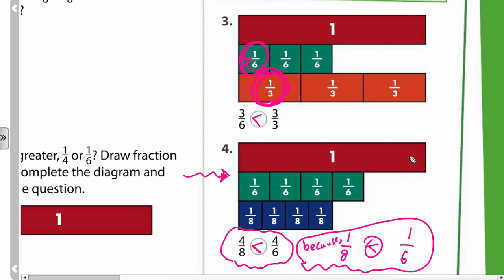This is the reason, because each unit fraction of 1/8 is less than each unit fraction of 1/6. These two are unit fractions. The unit fraction 1/8 is less than the unit fraction 1/6.